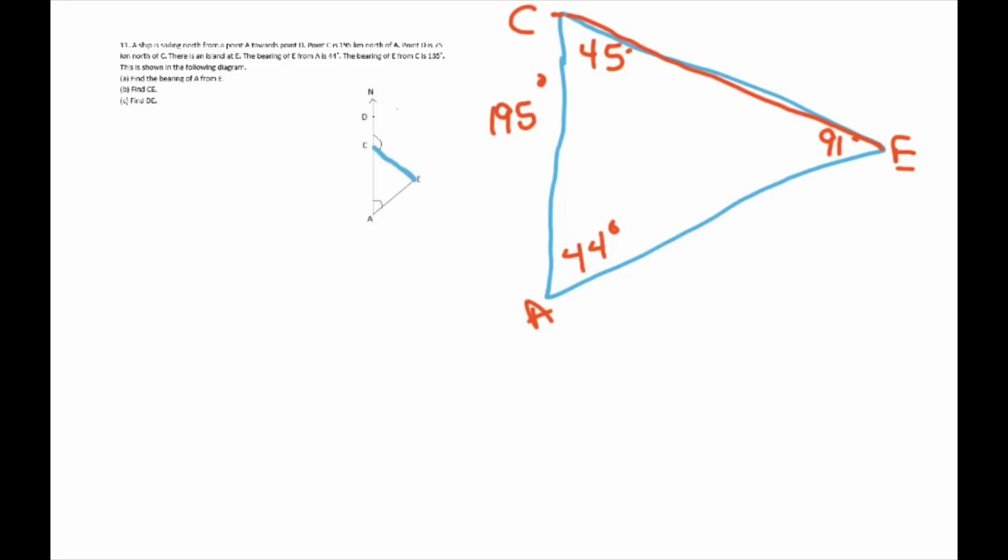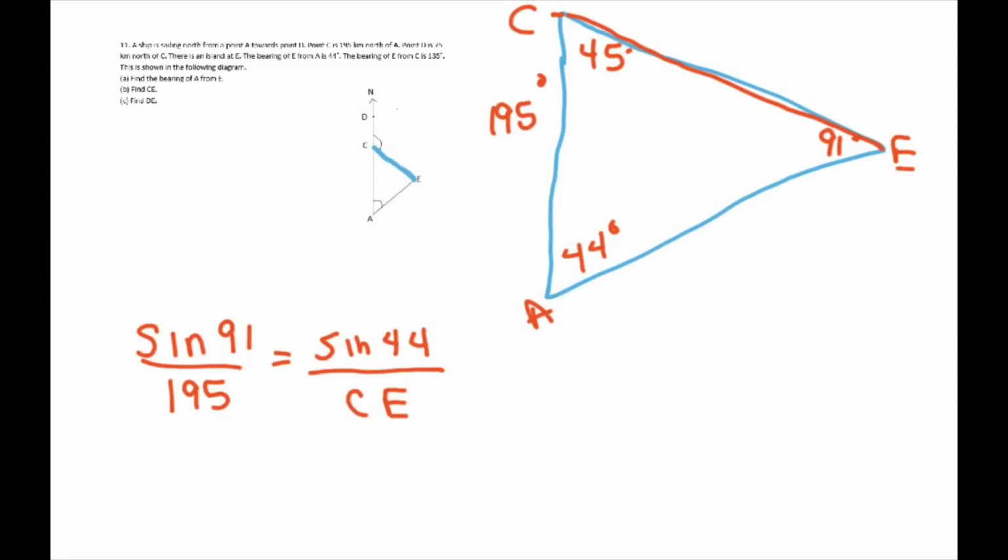So to find CE, we're going to use the law of sines. So I'm going to use sine of 91 over 195 equals sine of 44 over CE.